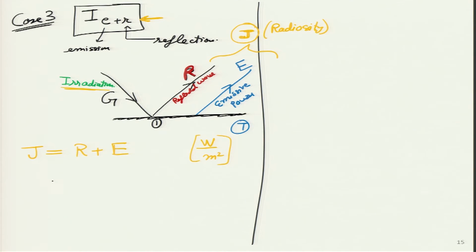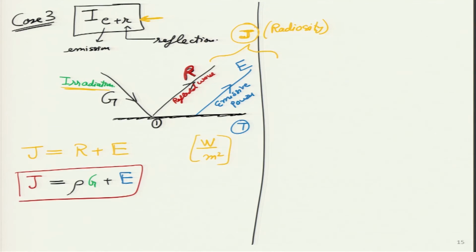If I have a parameter called reflectivity rho, which I will define in the next few slides in just a little while, then J is simply a function of G and a function of E.